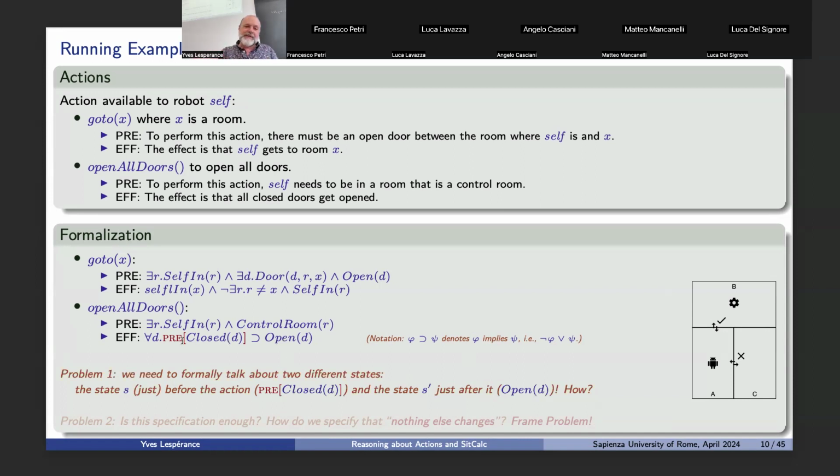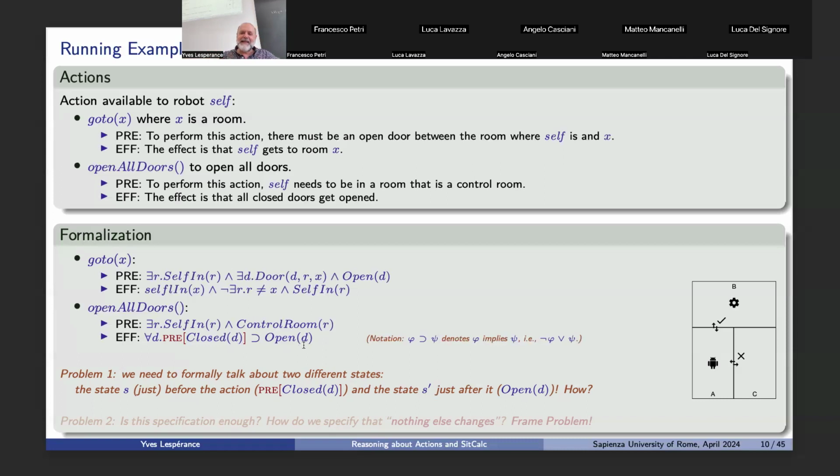Here it's sort of like you want to talk about the state S that is the current state and the state S prime that is after the action, and say that some things from S are no longer true in S prime, and some things that were not true in S are true in S prime, how they change, how they relate. One way would be to use this notation pre. So this would say that for every door, if D is closed in the previous state, then it will be open after the action.